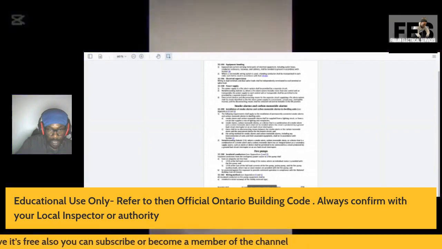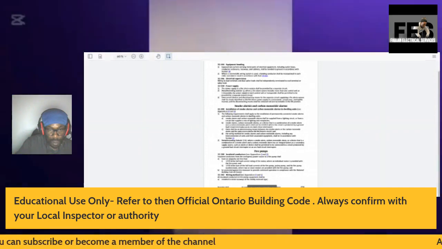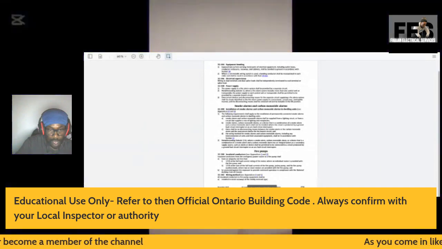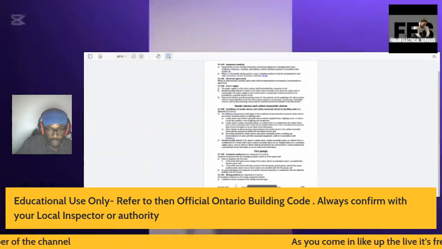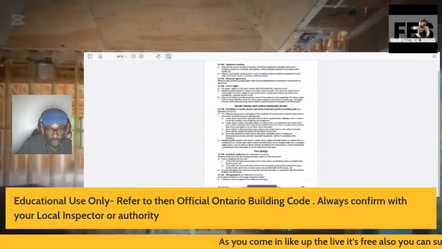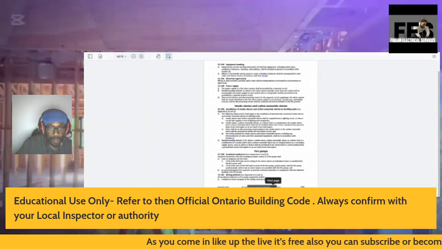Wiring methods, Appendix B and G. All insulated conductors to fire pump equipment shall be installed in metal raceway of the total enclosure type.